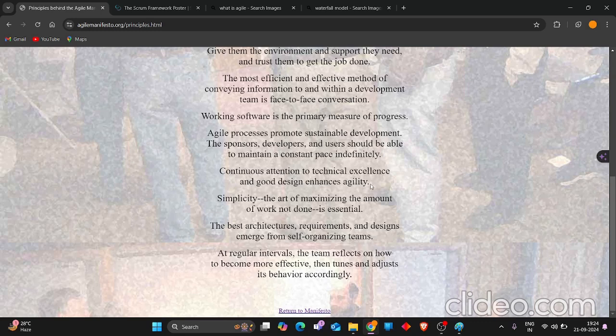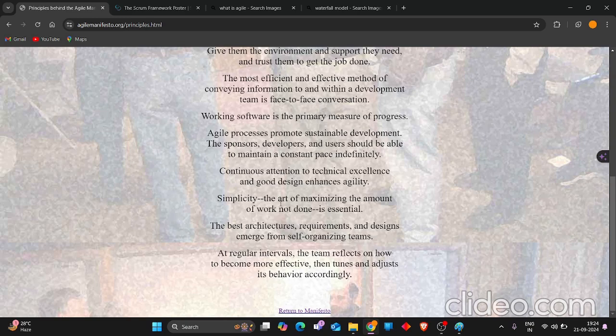Like continuing the attention and technical enhancements to the software makes the software good design and increases its agility.